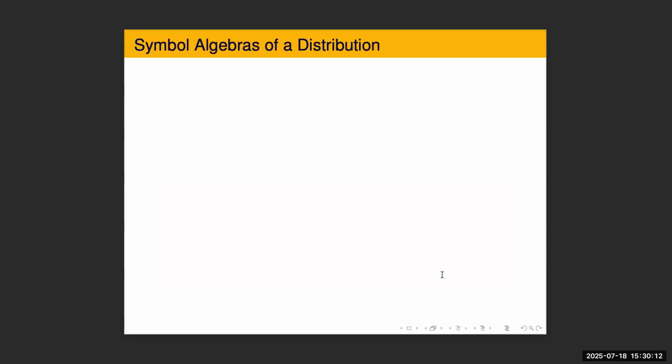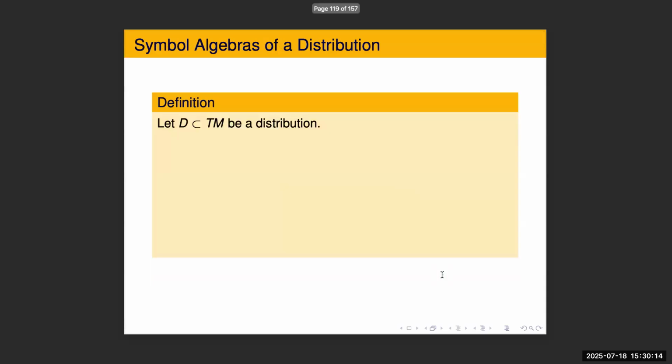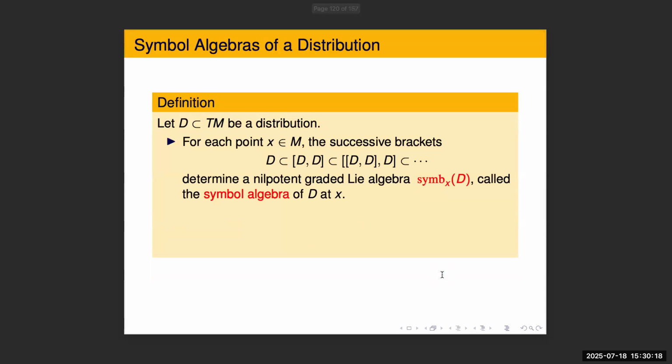And then there's the notion of symbol algebra. So given a distribution, for each point, the successive Lie brackets of the distribution determine a nilpotent graded Lie algebra called the symbol algebra of the distribution at that point.